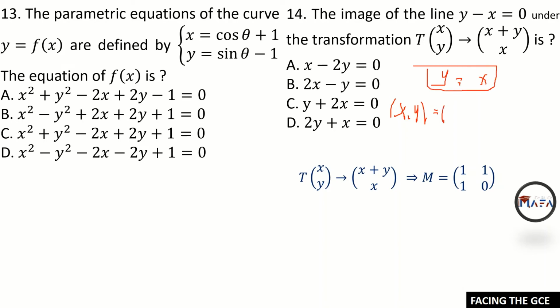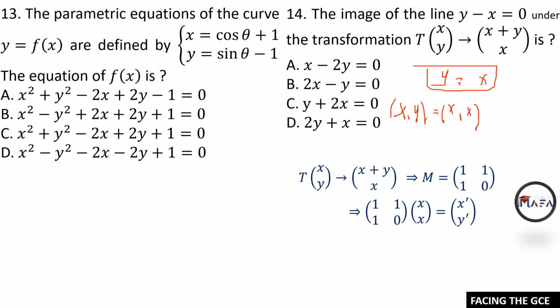So all points on the line are of the form (x, x). To get the image of all points on this line under this transformation, we just need to multiply the matrix of transformation with the generalized points, and then we get the image. So let's just say the x coordinate of the image is x prime and the y coordinate of the image is y prime.